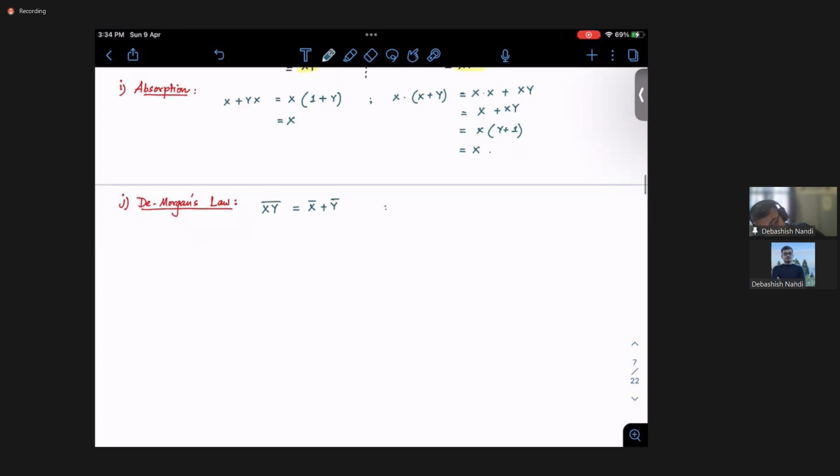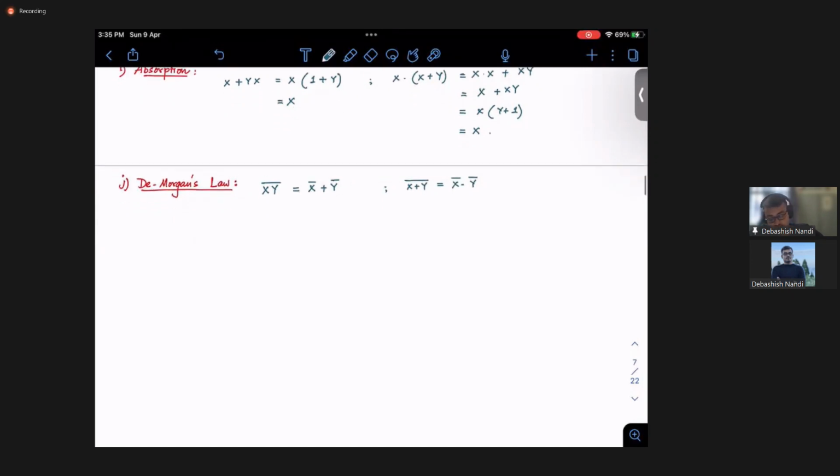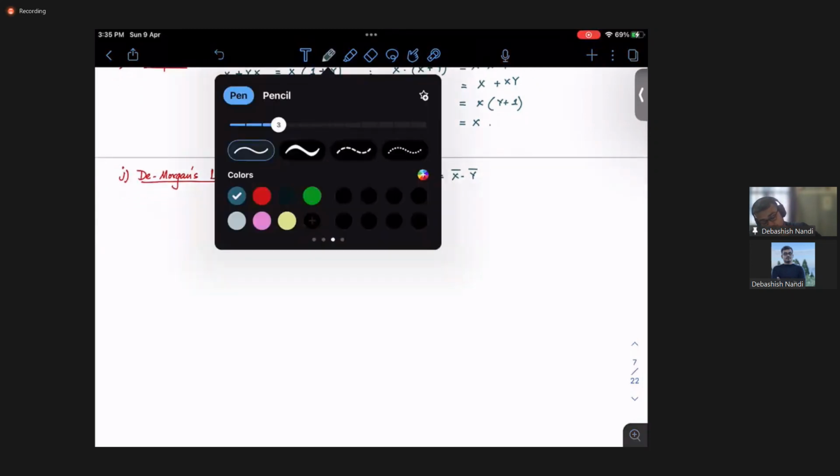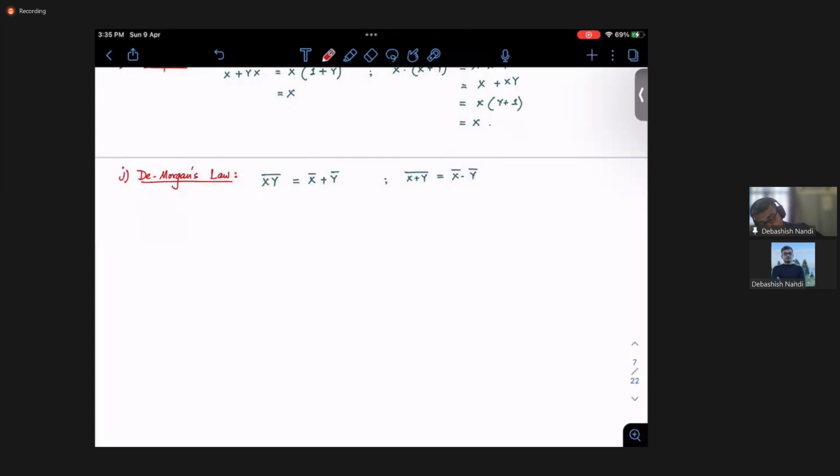And if you have (x plus y) naught, this will result into this. I am not showing the proof of De Morgan's law. This is very simple and you can find it anywhere on the internet, and you must have done it in your plus 2 also. So this is a very, very important property.